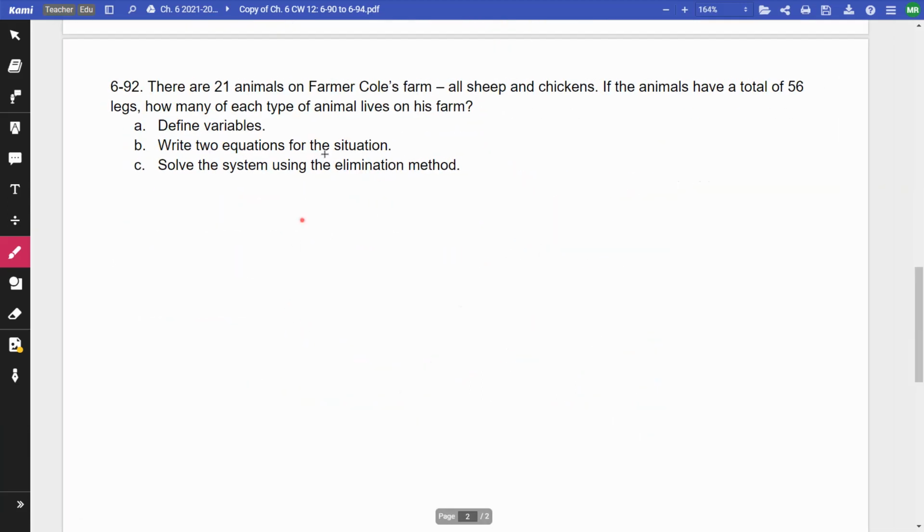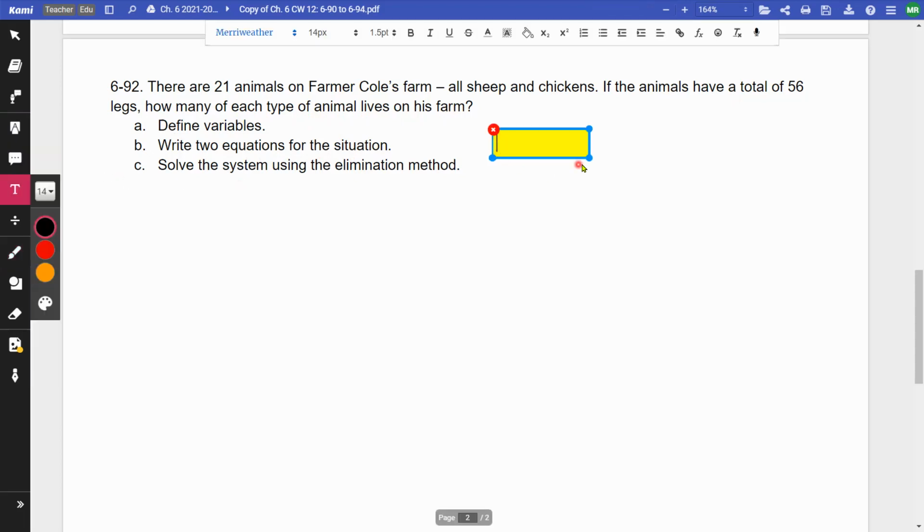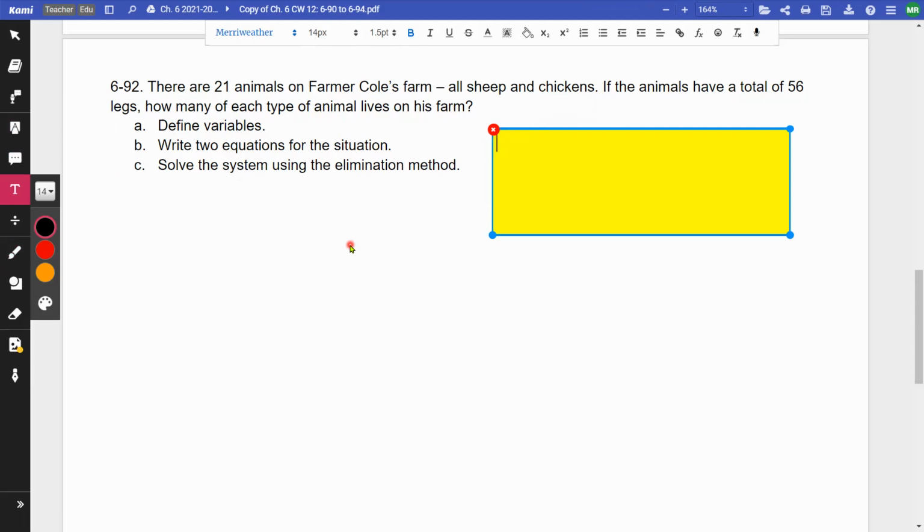Okay, so now there are 21 animals on Farmer Cole's farm, all sheep and chickens. If the animals have a total of 56 legs, how many of each type of animal lives on his farm? Define your variables, write 2 equations for your situation, solve the system. So for this, I am going to have my 2 variables.